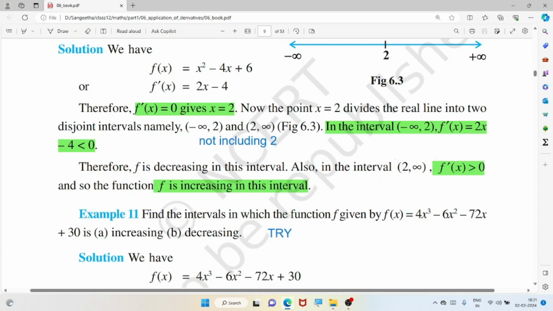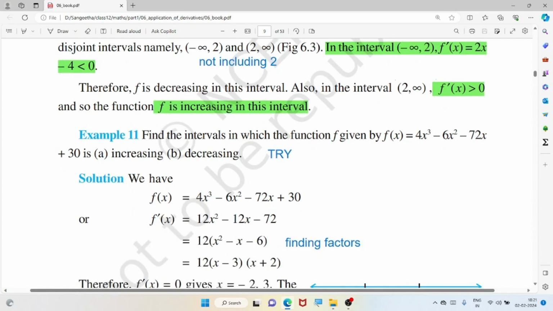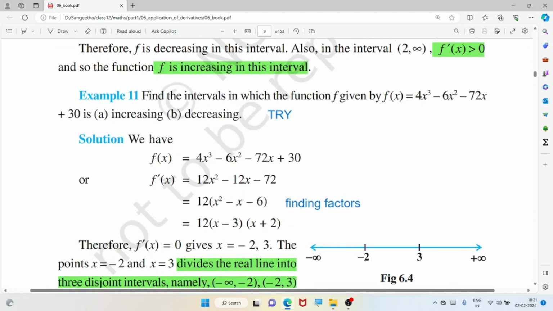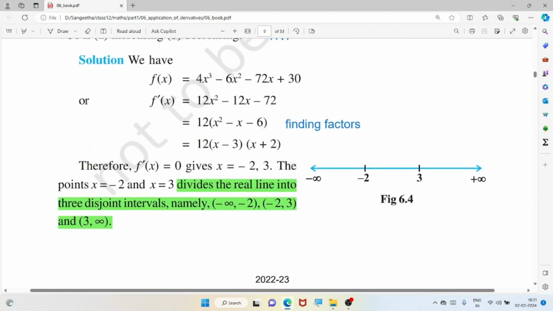So between minus infinity and 2, f dash is less than 0, so f is decreasing. In the interval greater than 2, f is increasing. So now you should know how to factorize this.